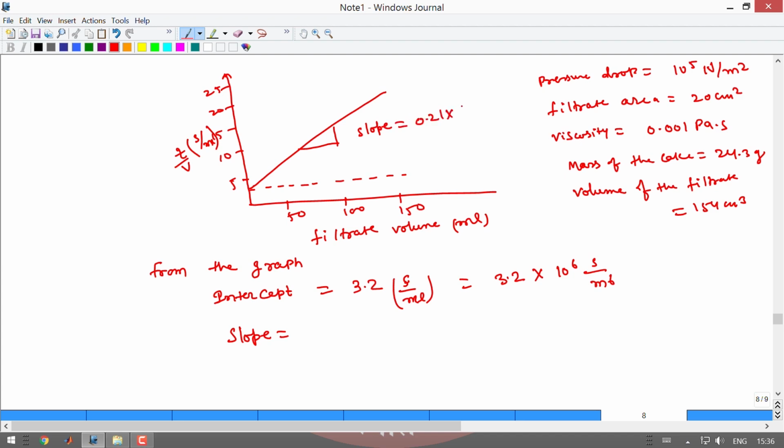In SI unit it will be 0.21 into 10 power 12 second per meter 6.